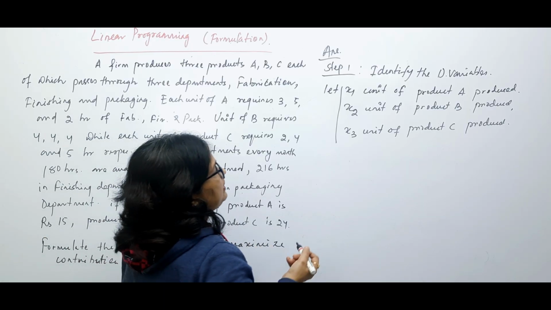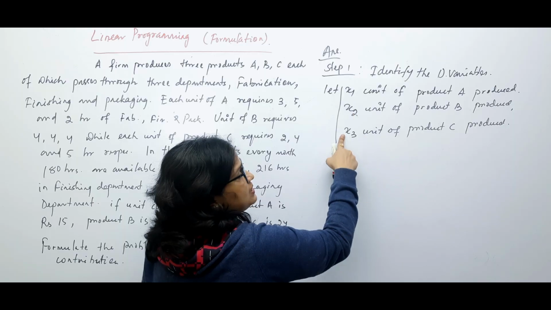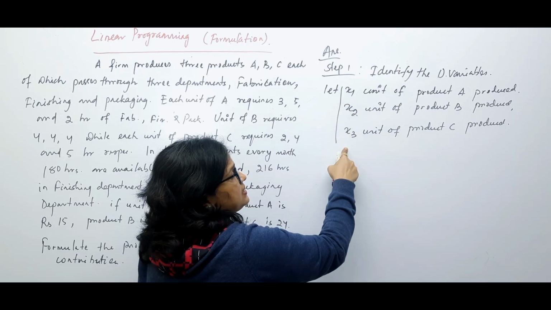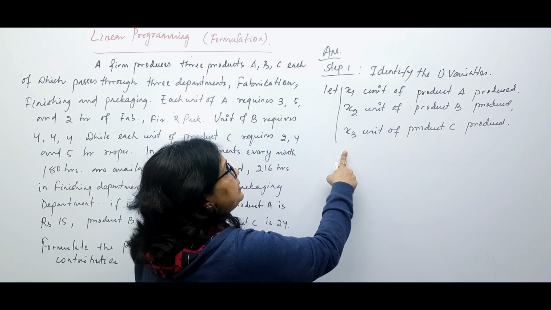What are the non-negativity constraints? As we are producing x1, x2, x3, these are called the non-negativity.